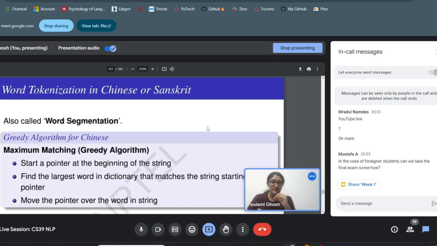Ma'am, for the exams, will we have an MCQ pattern? I am actually not aware of that. But mostly I think it would be MCQ. NPTEL exams are usually of that sort, but I'm not the official person to say. I just asked, ma'am, that's all.